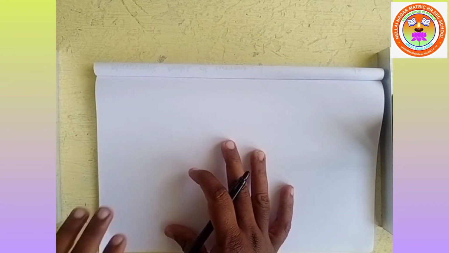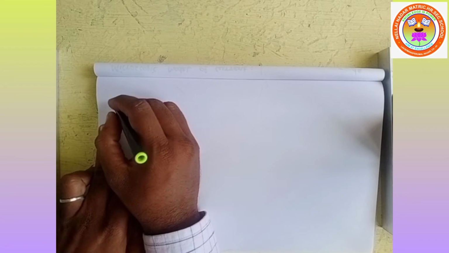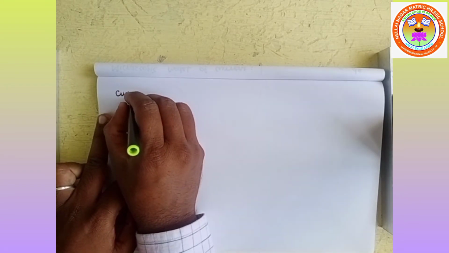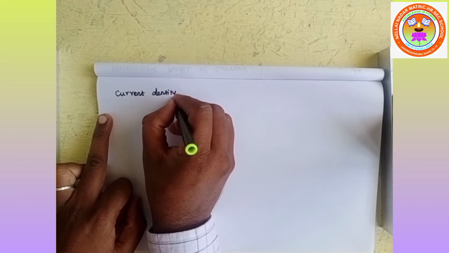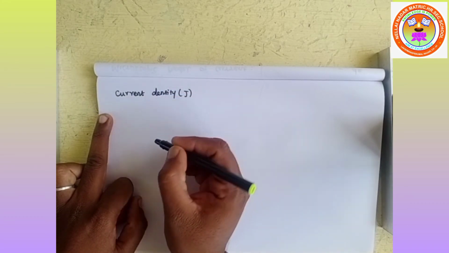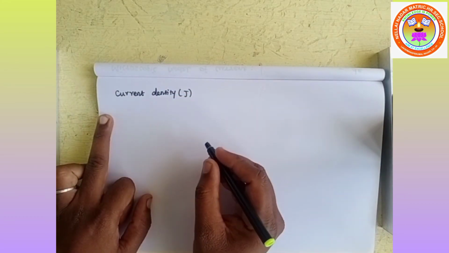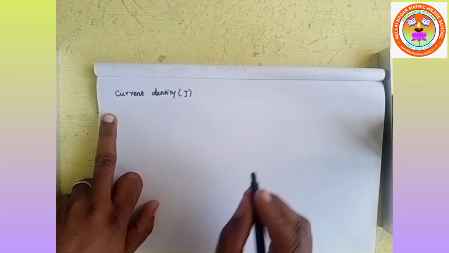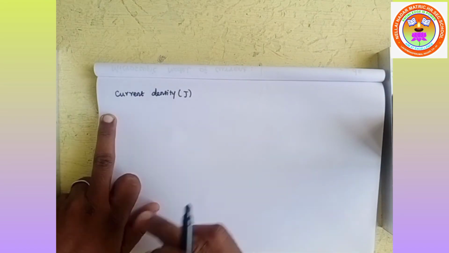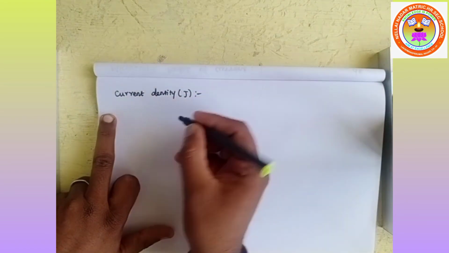Okay students, follow that. Now we are going to discuss current density, denoted by the letter J. The definition of current density: the current per unit area of cross section of the conductor is called current density. Okay students, what is current density?